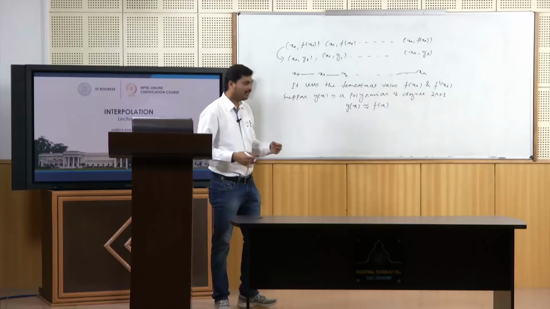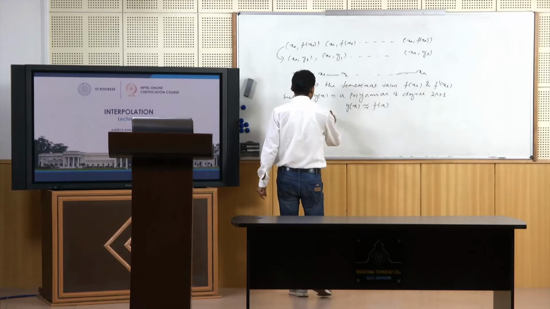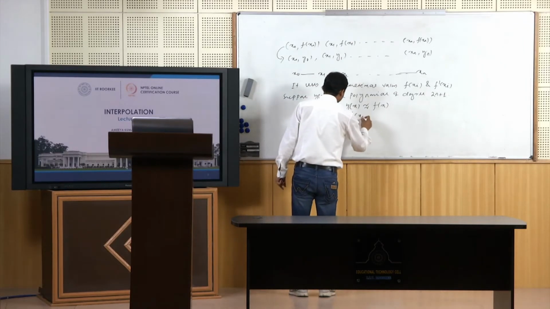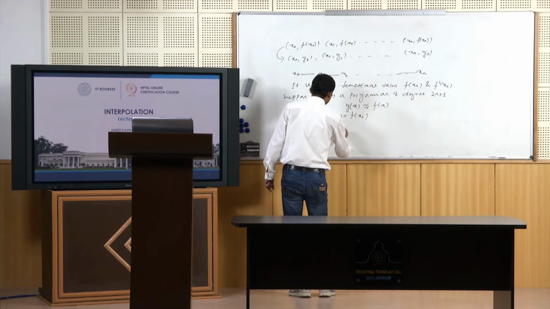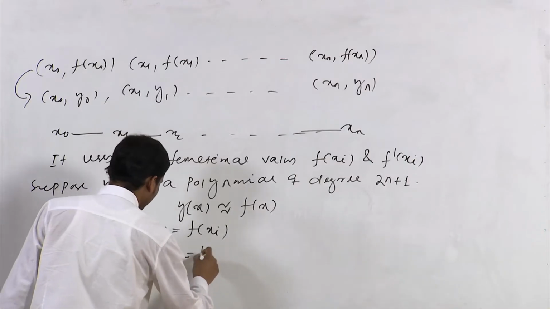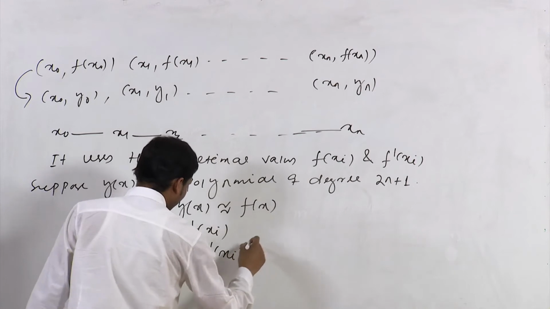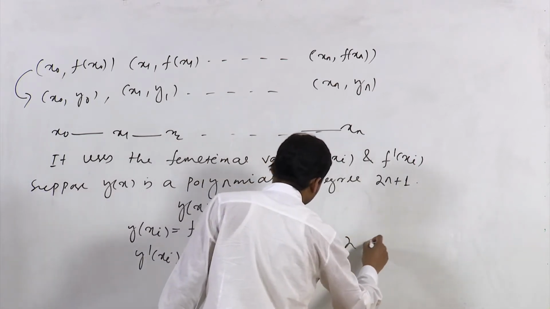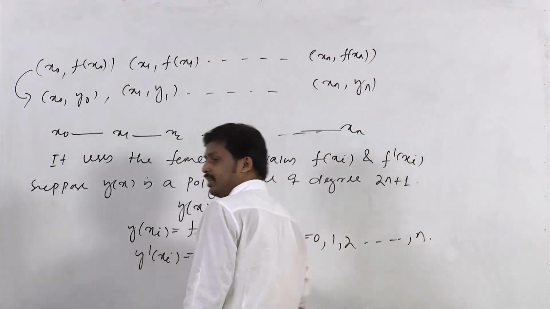Then definitely we can write y of xi equals f of xi and y dash of xi equals f dash of xi for i equals 0, 1, 2 up to n here.